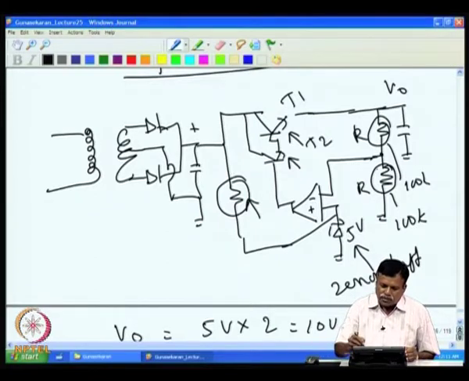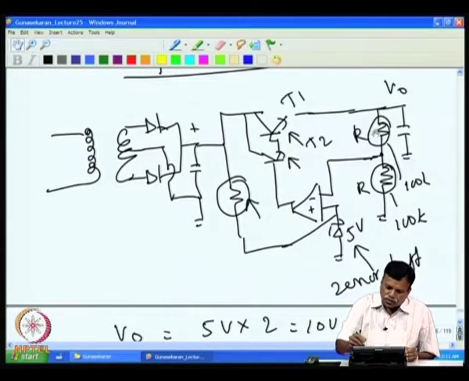So, the R1 R2 drift matters, and then the bias current that is flowing through this is not compensated, and that creates a problem because of R1.